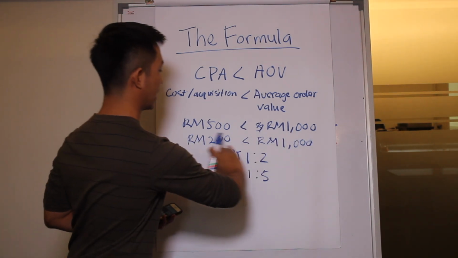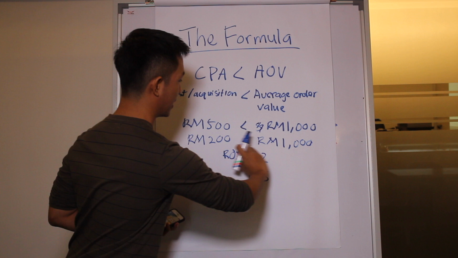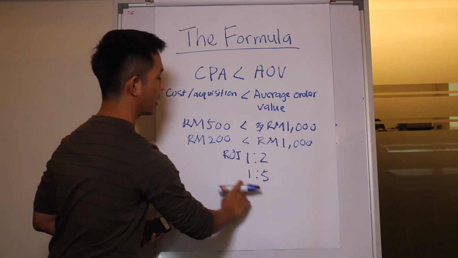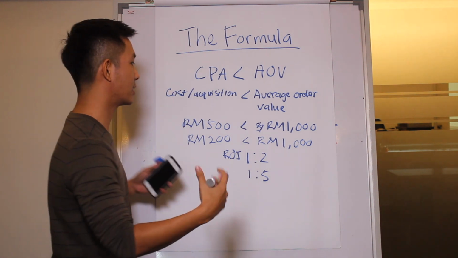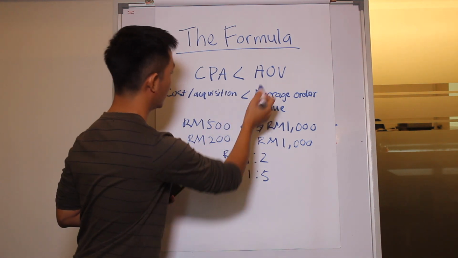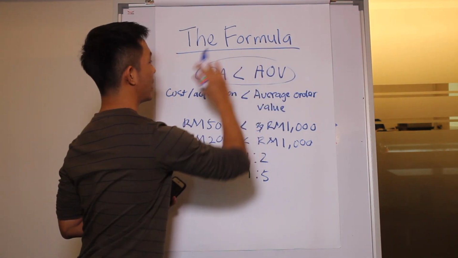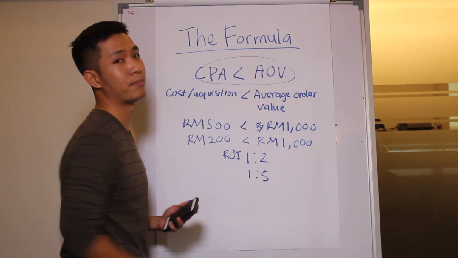If the formula is like this, that means you get a 5x return, and all other metrics will be supporting these two most important metrics.